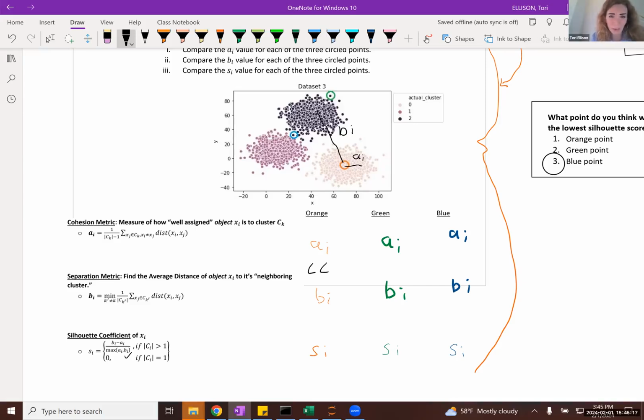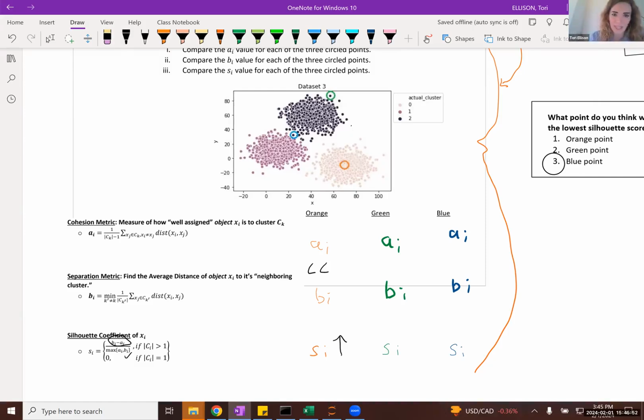This means the distinction between the BI and the AI is going to be a lot larger, so your SI is going to be quite large as well. It's going to get closer to 1, essentially. And this makes sense because this point is very well settled within the cluster that it was assigned to. It's not close at all to observations in some other cluster.